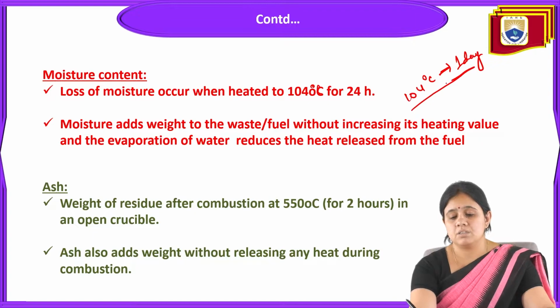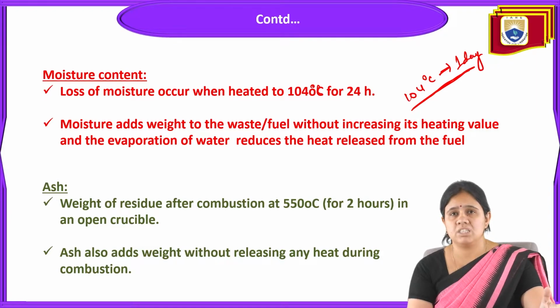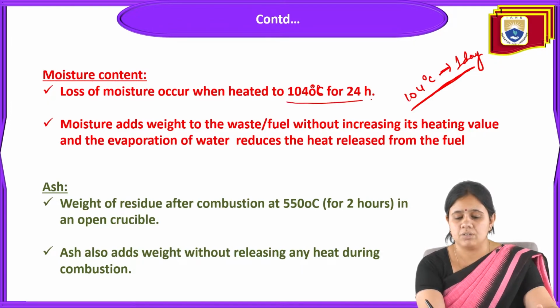To get ultimate fuel from the waste, this moisture content should not be present, because moisture adds weight to the waste fuel without increasing its heating value, and the evaporation of water reduces the heat release from the fuel. So if more moisture is there in the waste, the heating effect is not much. That's why the loss of moisture occurs when heated to 104 degrees Celsius for 24 hours.